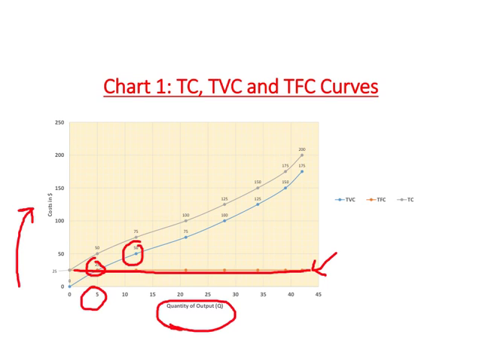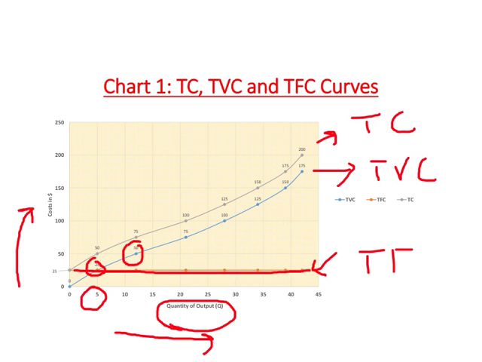In this way we plot these points, and this blue curve represents TVC. We see a relationship between TVC and output: as we increase output, total variable cost goes on increasing. Then we have points relating to total cost, which is a sum of total variable and total fixed cost. We plot them, and what we get is the total cost, or TC, curve.